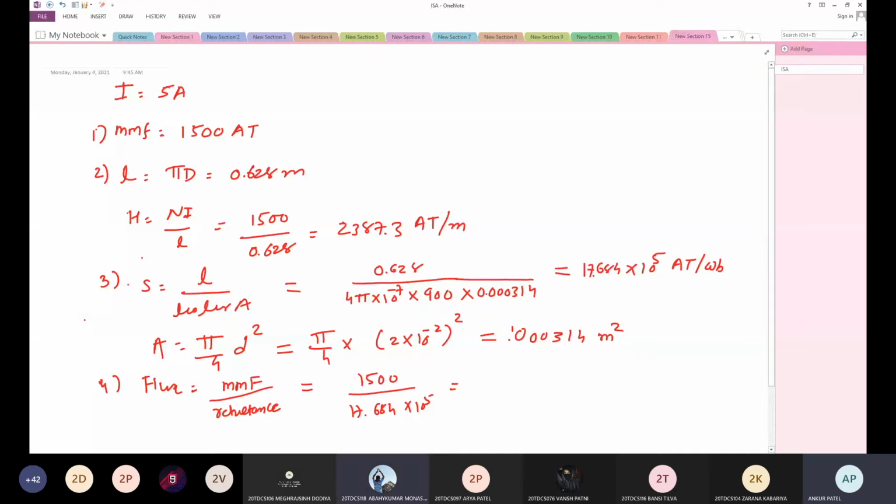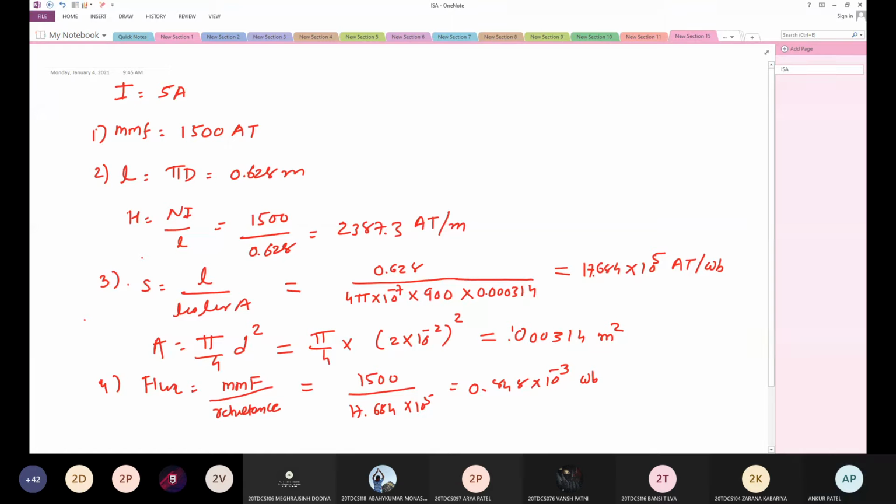The answer is 84.8 into 10 raised to minus 5, or I can write it as 0.848 into 10 raised to minus 3 Weber.